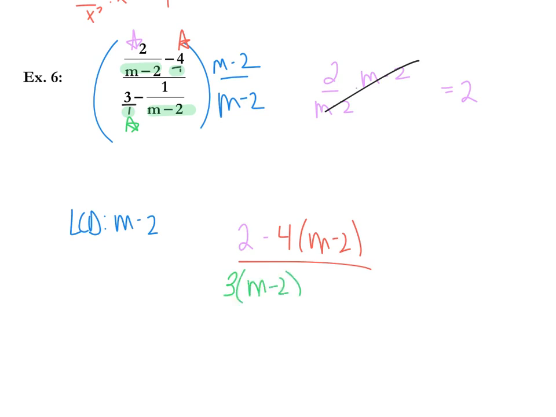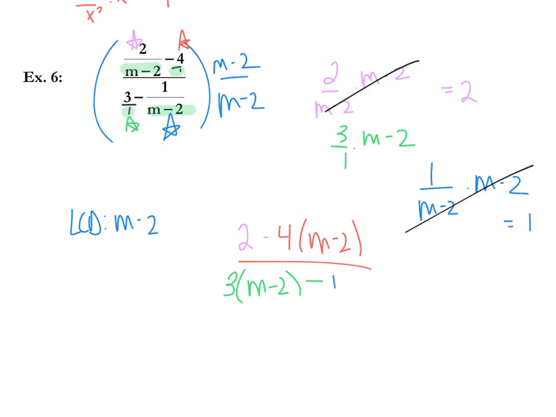So if you want to do the work over to the side, you can, but that's just going to be 3 over 1 times m minus 2. So nothing cancels. And then minus 1 over m minus 2 times m minus 2. These cancel, and you're left with just 1.